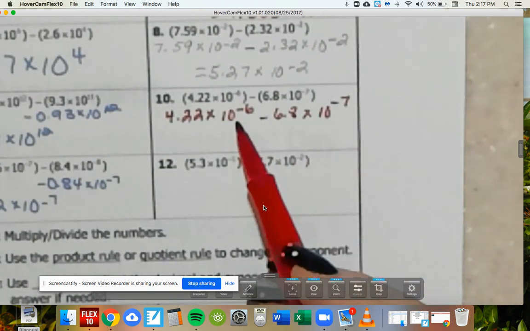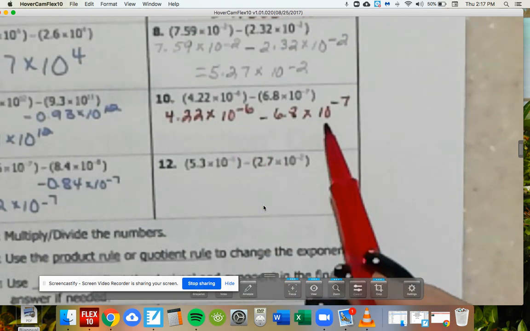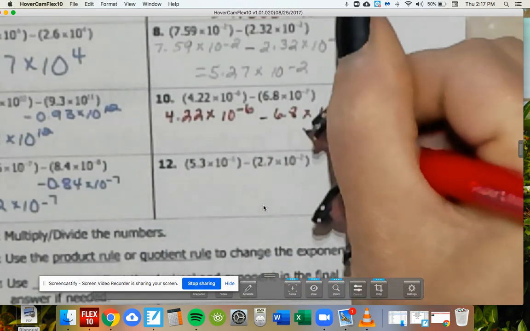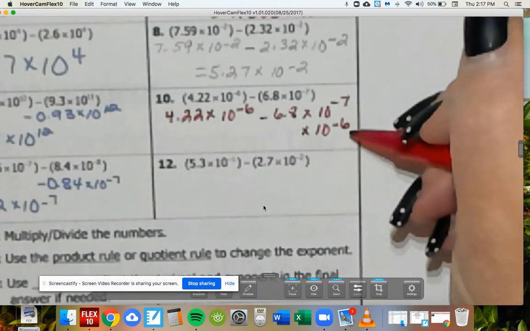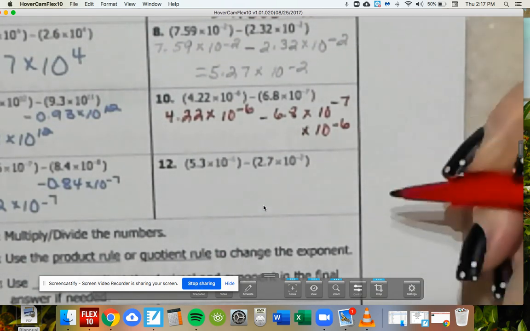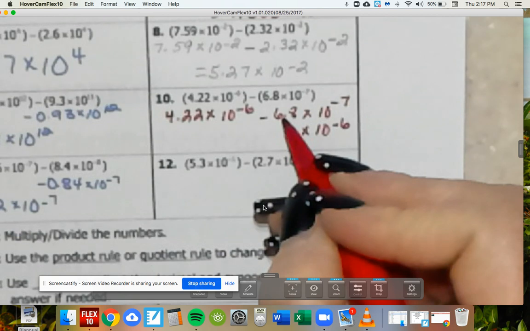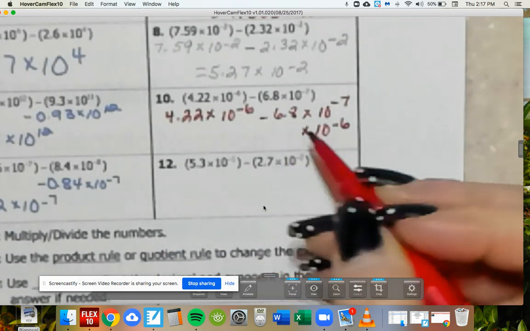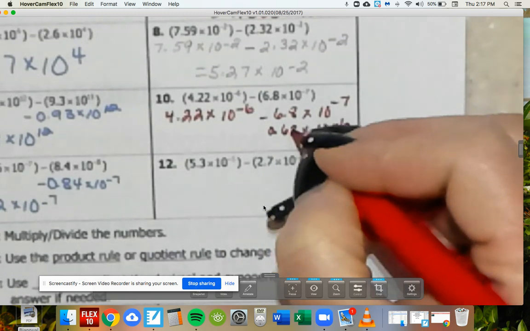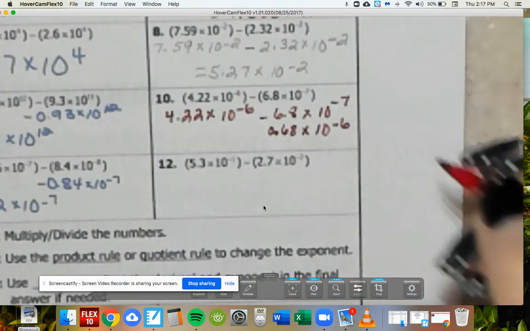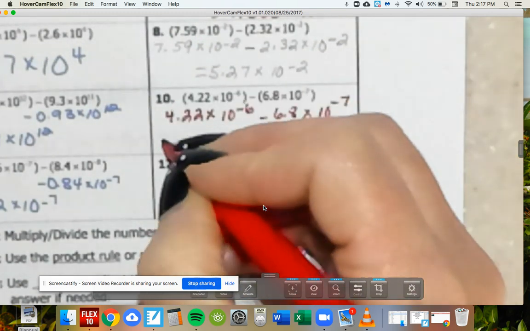The negative 6. So we're going to adjust this one to be a negative 6. How do you get from a negative 7 to a negative 6? You add 1. Adding moves left. So 6.8 becomes 0.68. Nothing here changes.